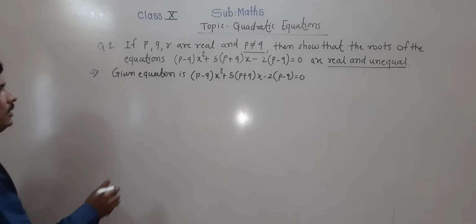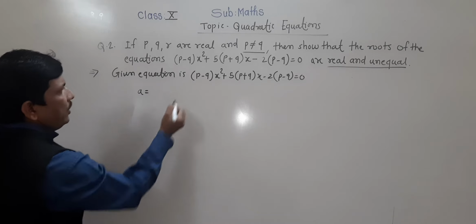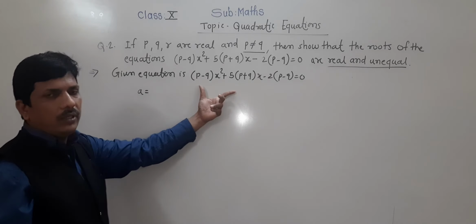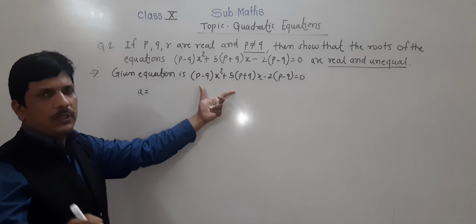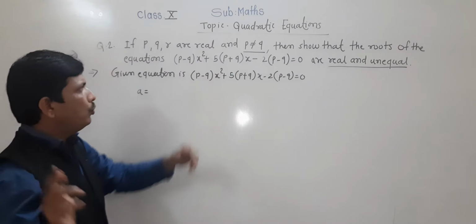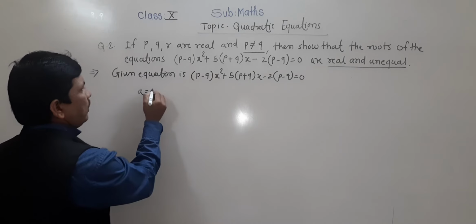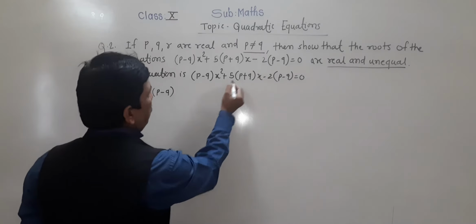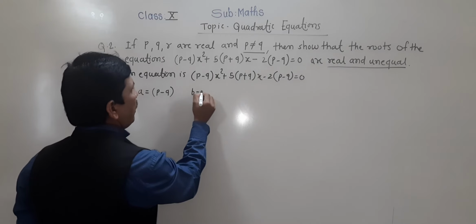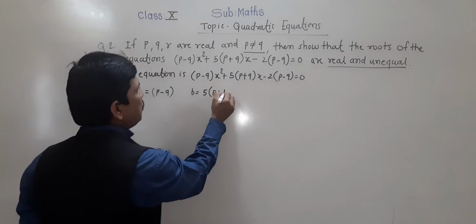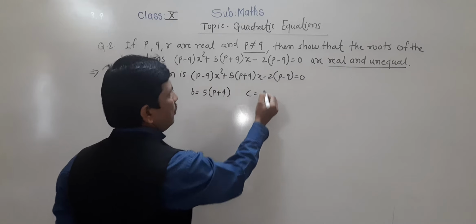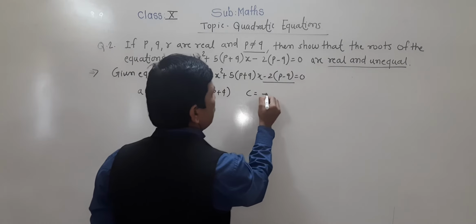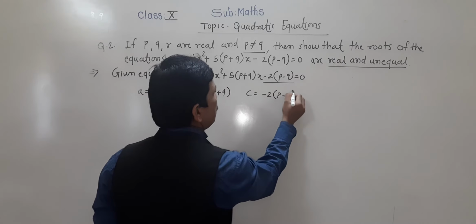So first I am taking a. What is the value of a here? We have to equate this with ax square plus bx plus c. So (p minus q) x square means a is equal to p minus q. B is equal to 5 into (p plus q), and c is equal to minus 2 into (p minus q).